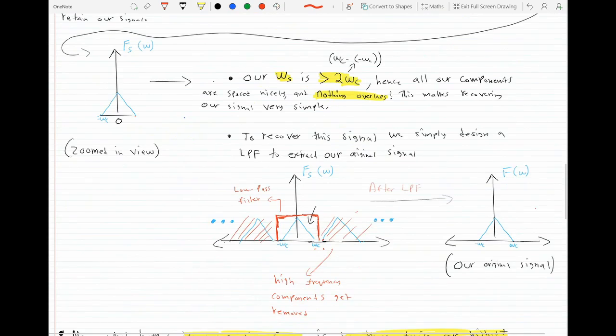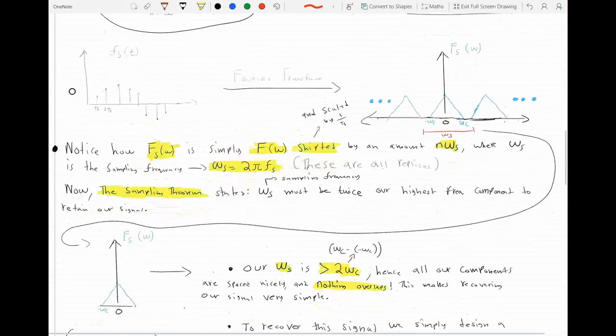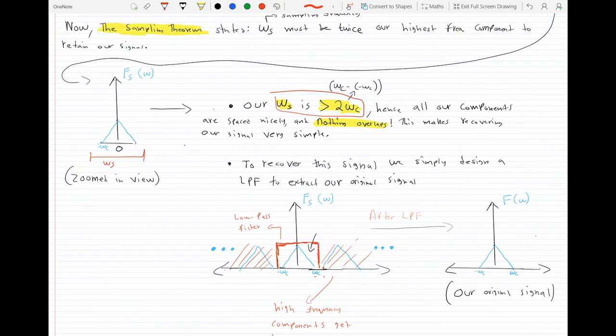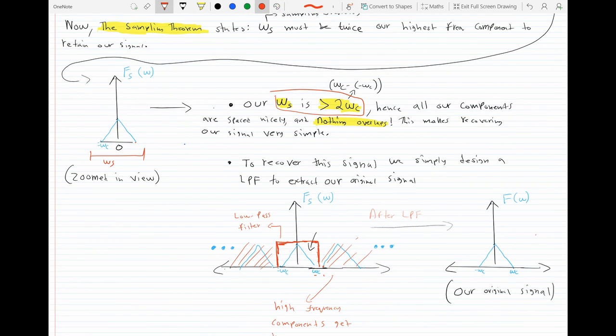Now, let's understand why this is actually working. Notice how here, in this case, we have Ws greater than our highest frequency components, right? Ws may comprise an area like this, right? All the sampling theorem states is that if we sample at this rate, our spectrums will be spaced apart nicely.